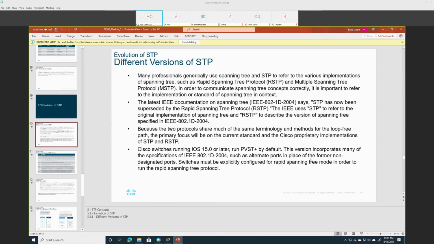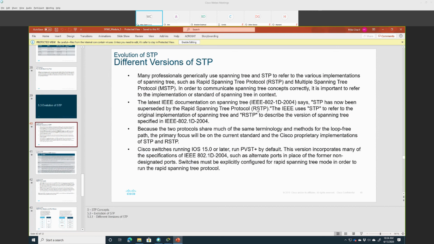This version incorporates many of the specifications of IEEE 802.1D, which is 2014. But the older version, the regular STP, you can change to rapid STP, which is the industry standard.